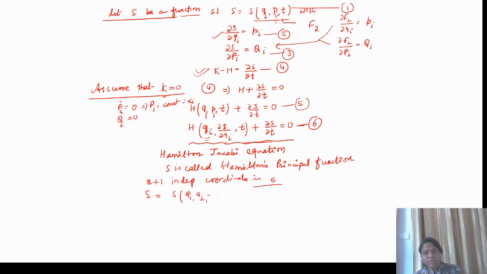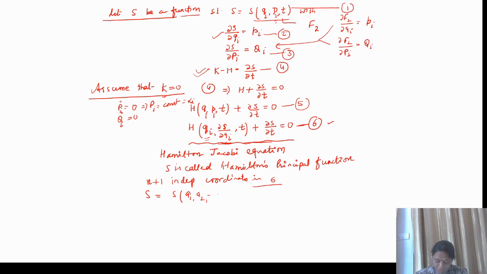Because if you look at equation 6 again, it involves the partial derivatives of S with respect to n independent coordinates. So when you solve this equation, whatever solution is obtained will be a function of n plus 1 constants of integration.